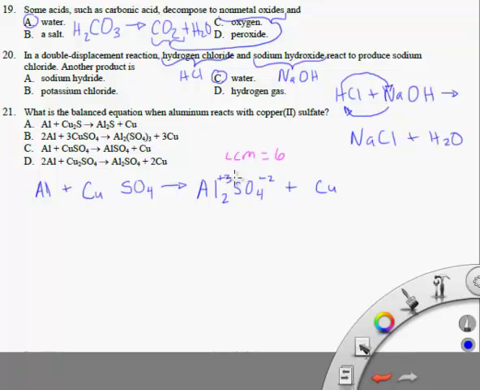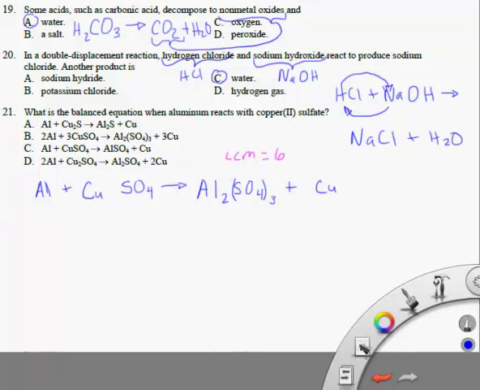Our subscript for sulfate should be 3, because 3 times 2 is 6. You got a -6 and a +6, cancel out, net charge being 0. And get rid of my oxidation states. Those are not necessary in writing the formulas.